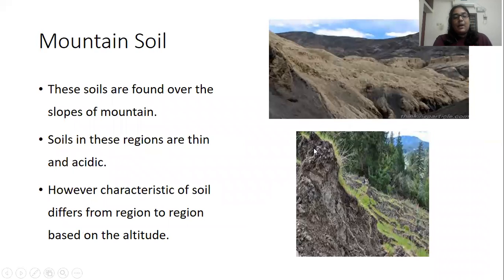Now we are coming to mountain soil. So just like the name suggests, mountain soil is a soil that is in mountainous regions. Here you can see the pictures of two mountains, and the soil here is a little bit grayish in color, right? That grayish soil is mountain soil. Okay, and they are found on mountain slopes. You can see them in the mountains.